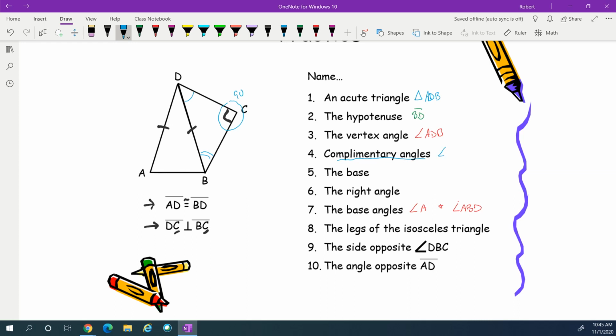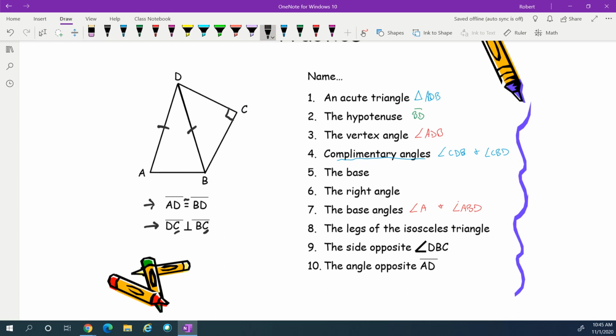So angle CDB and angle CBD. Be very careful with your letters here. The base, well, let me just fill that right angle back in.